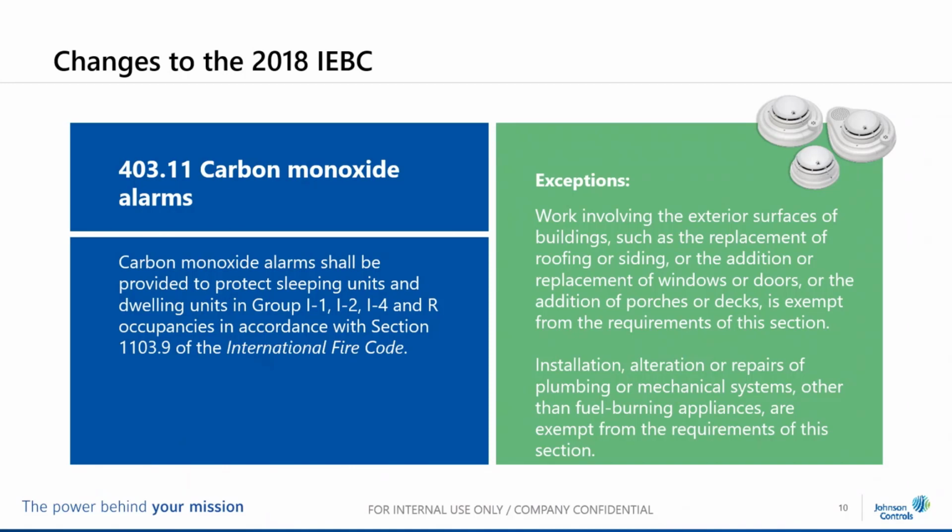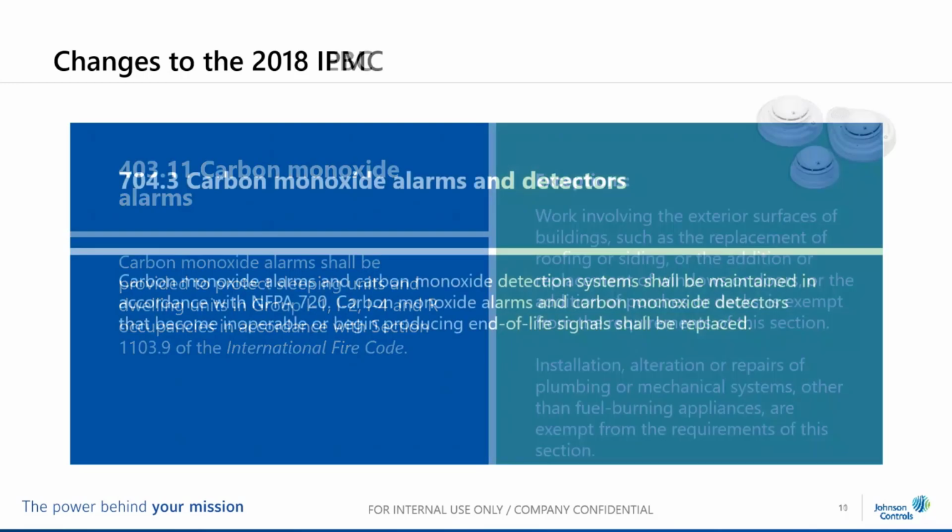It's been an issue for many, many years, but even more so today, where we have appliances that are much more fuel efficient. However, when they're apt to break down, they tend to leak more carbon monoxide into the atmosphere. Also, our buildings today are tighter, and we don't have as many fresh air exchanges into a facility as buildings of days gone by.